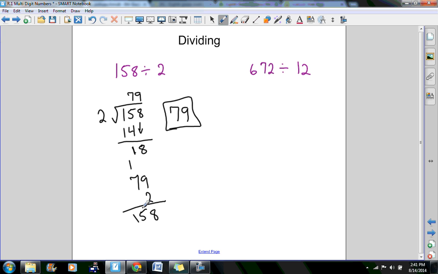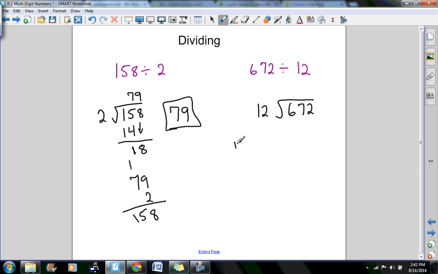For a 2-digit divisor, the process is going to be very similar. Now my problem is I can't do 6 divided by 12 because that's a decimal answer. So I have to do 67 divided by 12.